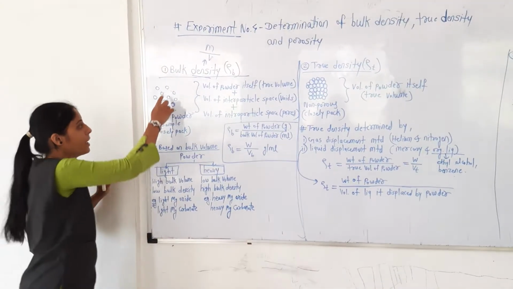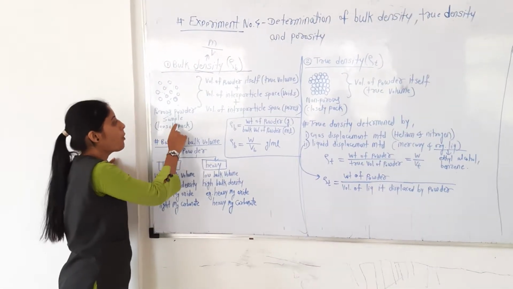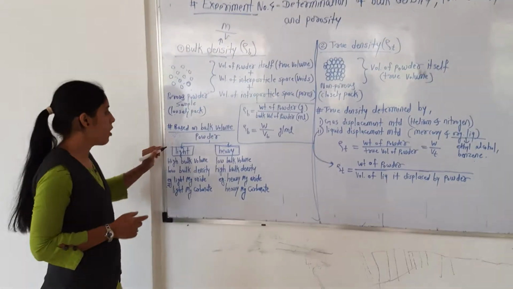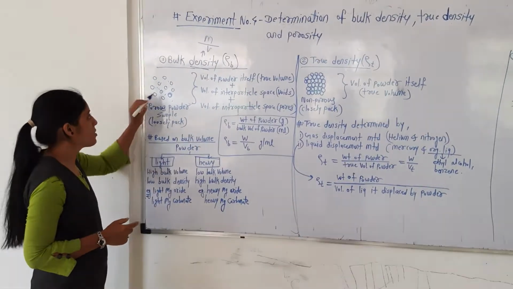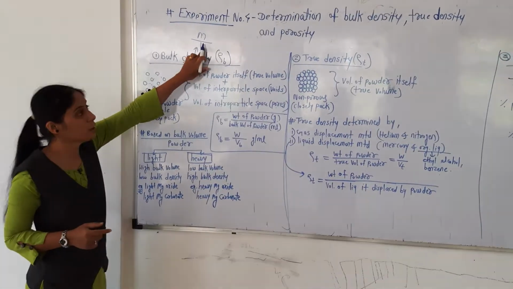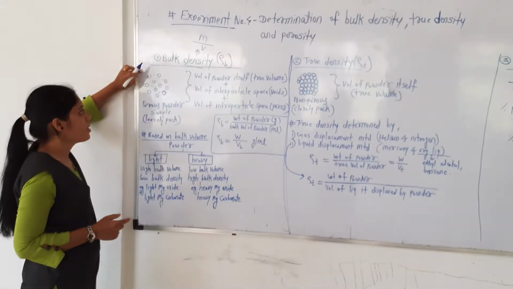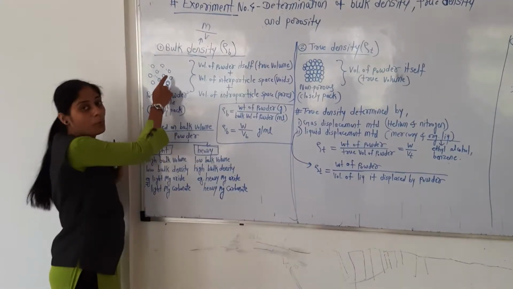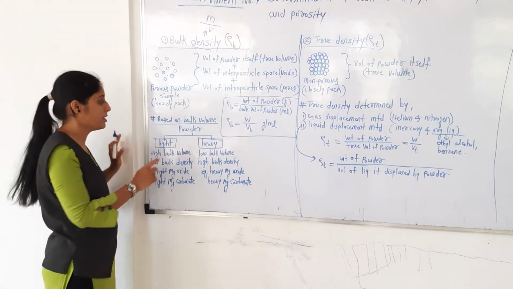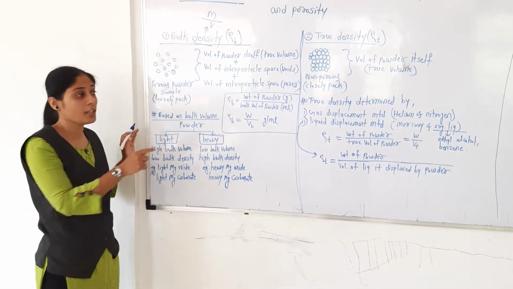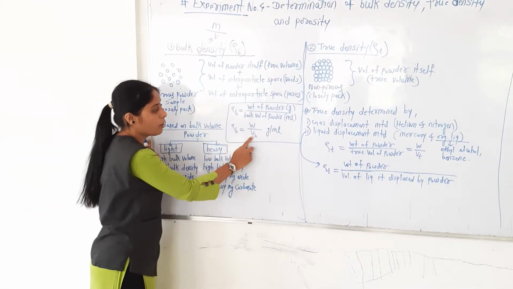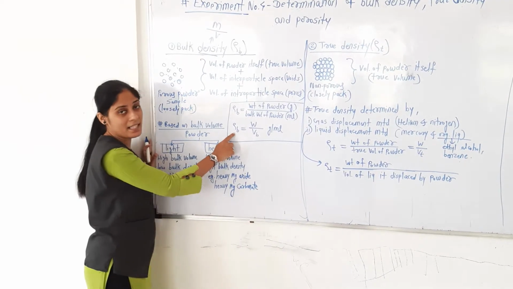So see here, bulk density is totally related to the porous powder sample, because in that powder sample pores are present. This volume we call the bulk volume. So the bulk volume in bulk density is higher. Why? Because pores and voids are present, and due to them the bulk volume is more. If the bulk volume is more, the bulk density is less.